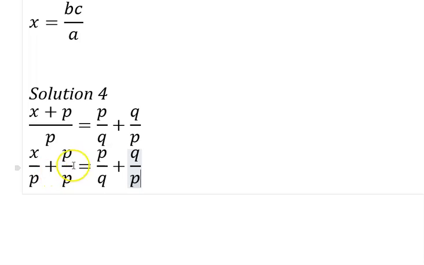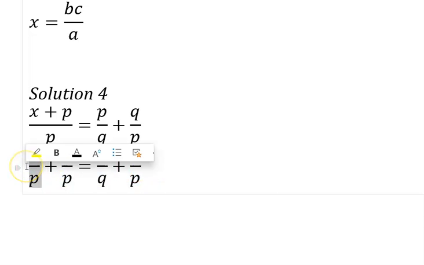Now, we have P over P here, because P over P will still give you 1. But let's transfer this P over P, because it's one of those that is disturbing our X. We want to make this X the subject of the formula. So if we transfer this P over P across this equality sign, it will change to minus because we have plus here. Let's quickly do that.